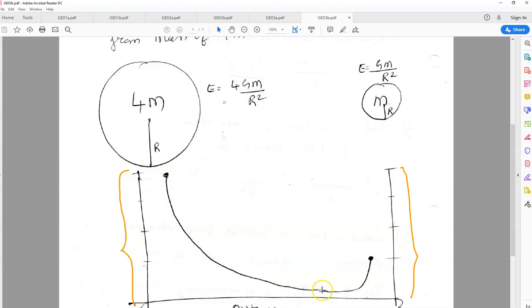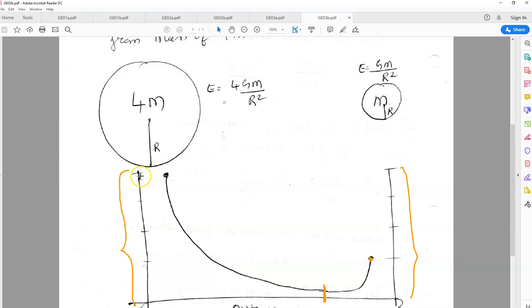You get this, and the most important thing here is the way you show the value of 0 here. Now because this is a bigger mass, the 0 here should be away from this bigger mass and near to the smaller mass. And also the way you show the starting point.